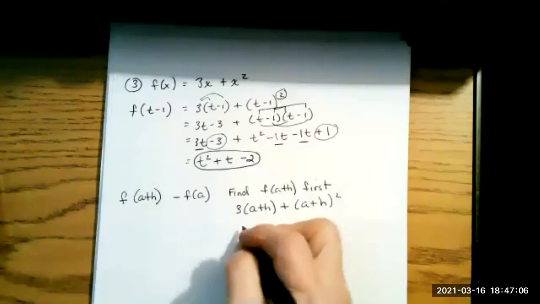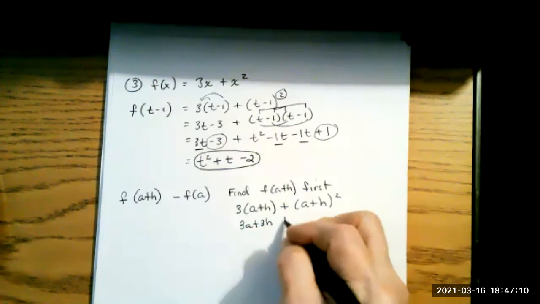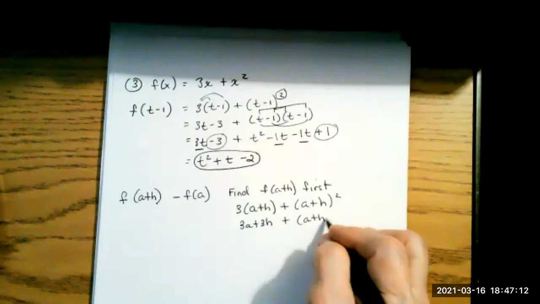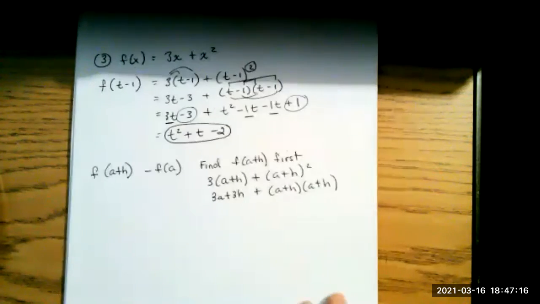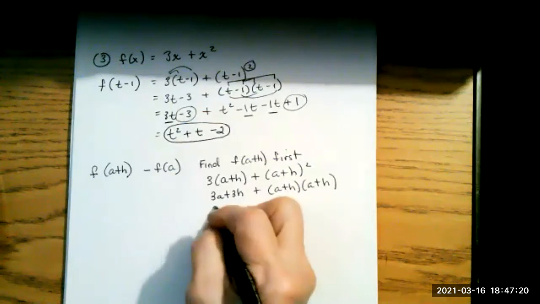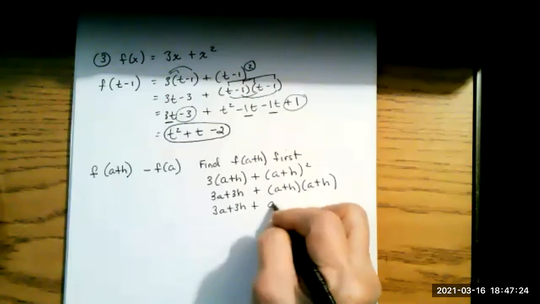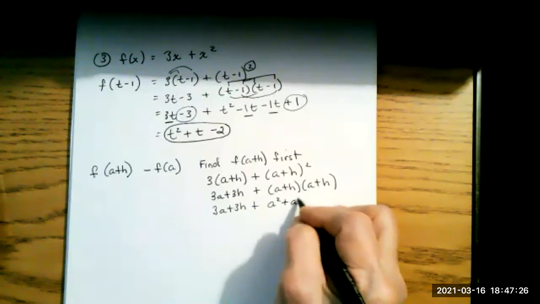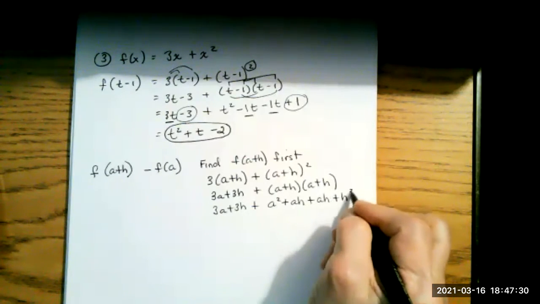So I'm doing the same thing. 3a plus 3h, and I'm going to write this down twice and multiply it out by FOIL. So I have a 3a plus 3h plus a squared plus ah plus ah plus h squared.